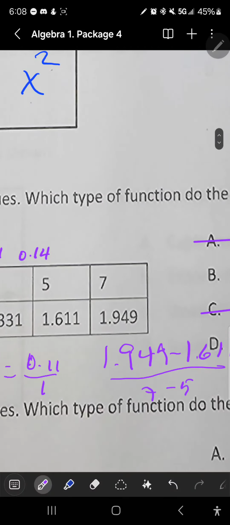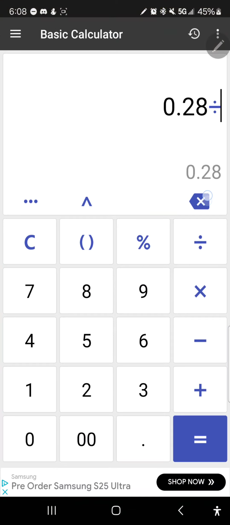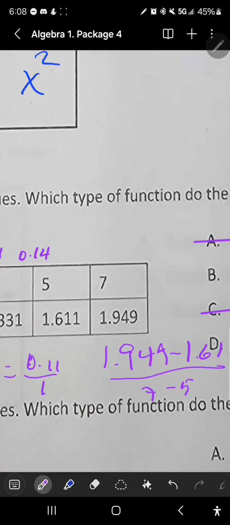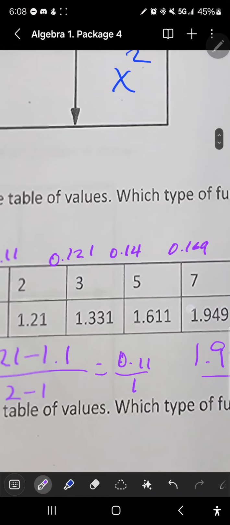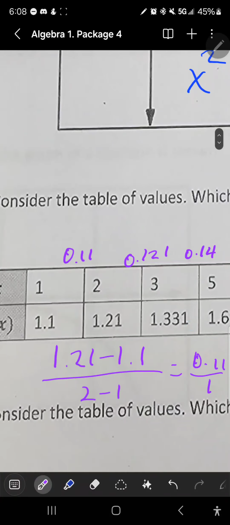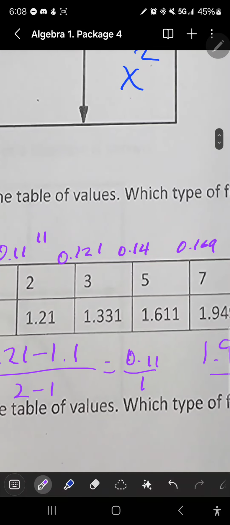And then this one we also divide by 2, now it's 1.949 minus 1.611. We divide by 2, we get 0.169.